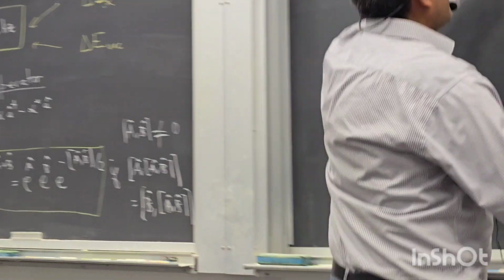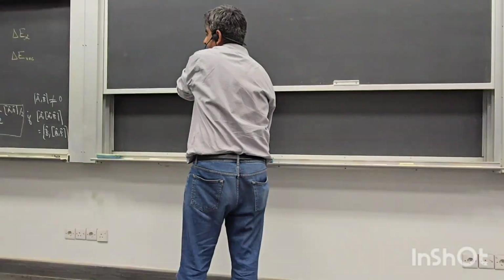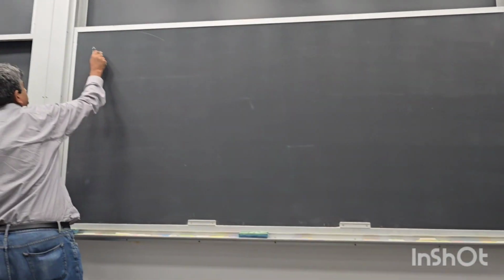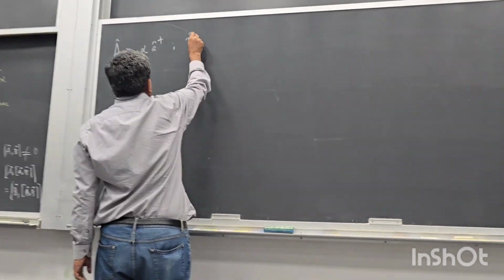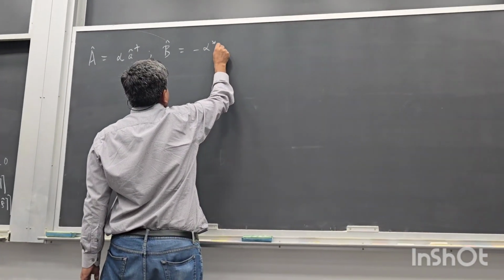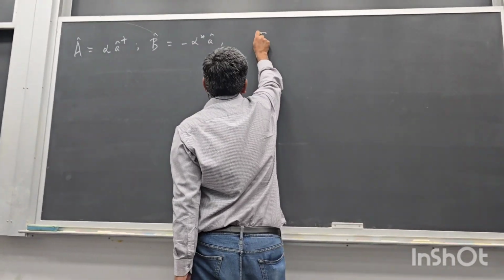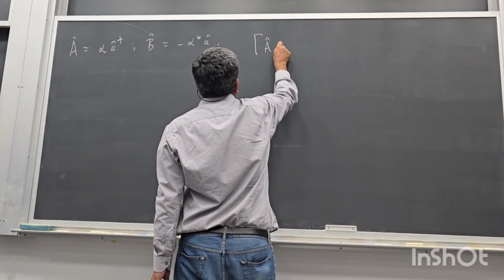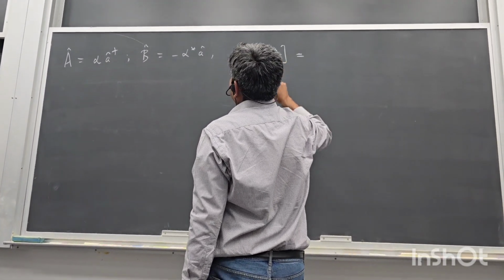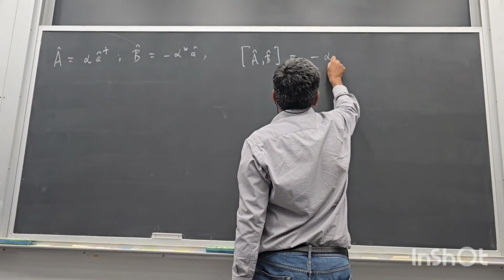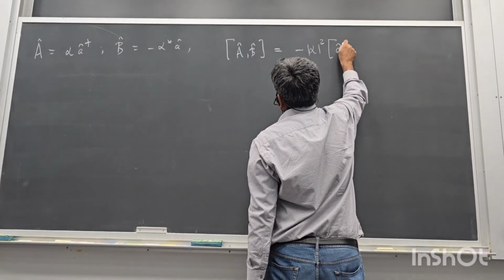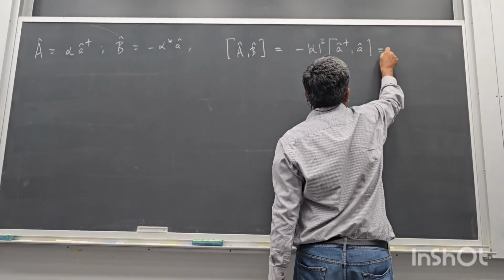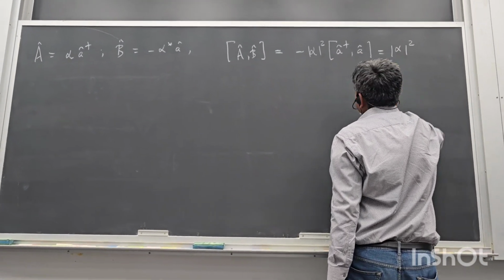So let's proceed with this. First of all, I assume that my capital A is alpha A dagger, and my B is minus alpha star A. So let's compute the commutator of A and B. This is minus alpha mod square, A dagger with A. This is plus alpha mod square, right?